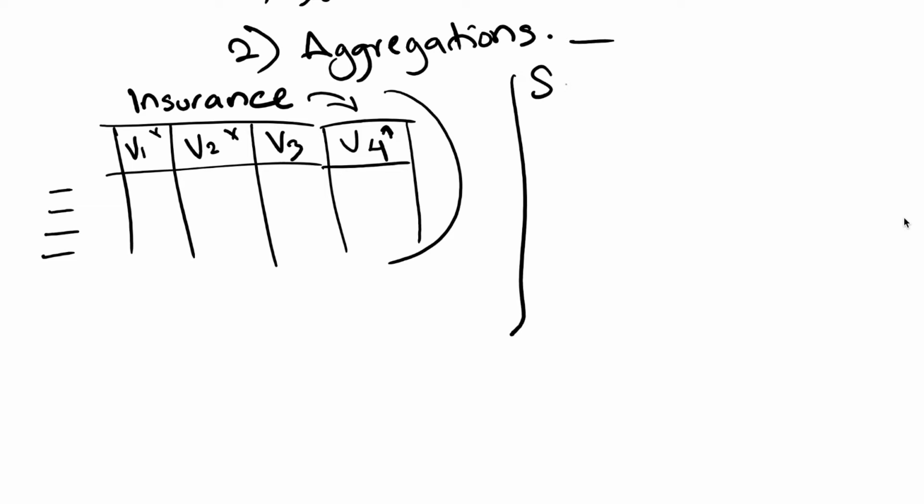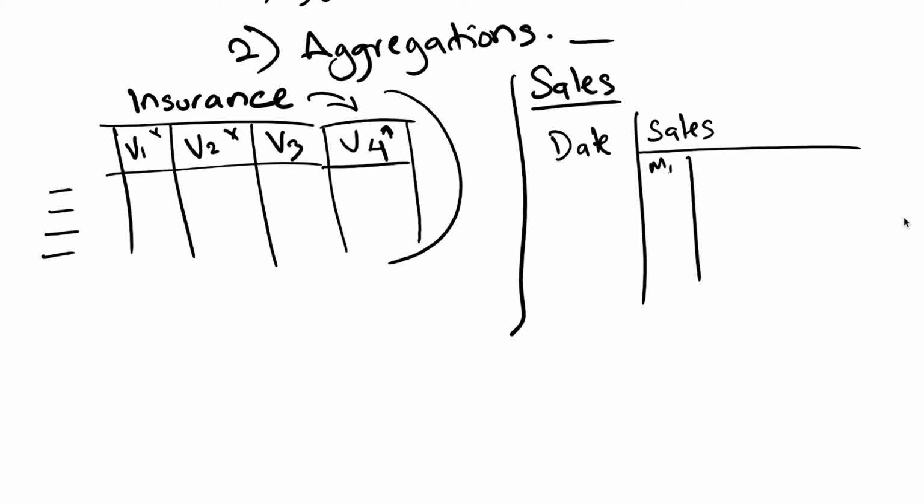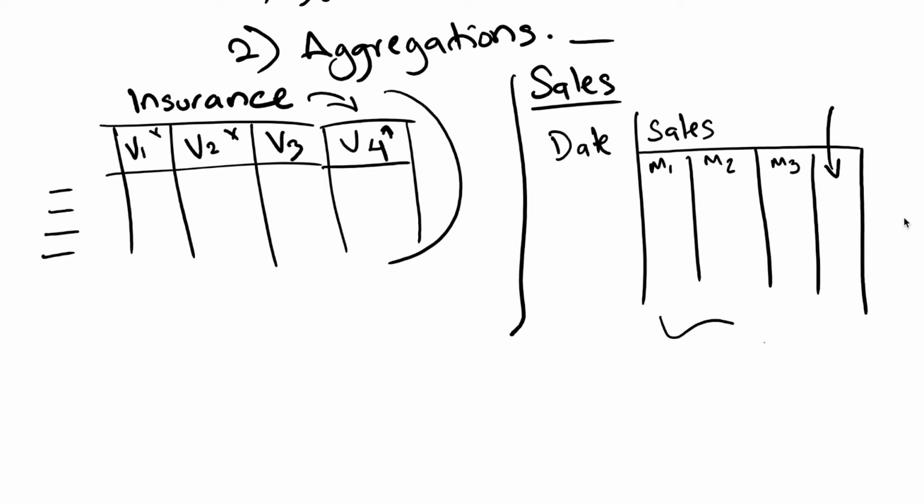Now, with an example, let's say you're working with sales data. You have, let's say, date, you have sales, and let's say this is month 1, month 2, month 3. Let's say you have 3 months of sales data. Now, one type of feature construction that you could perform here is create a new variable, and this variable could hold the data for all these 3 months.